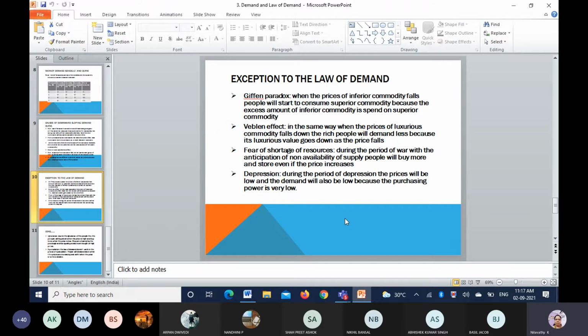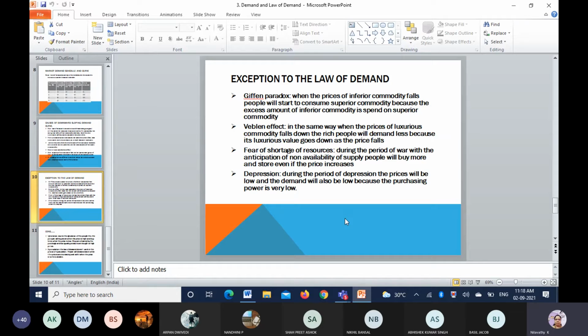who buy these commodities. To give an example, in those days we used to give ragi as an inferior commodity. Why? Because poor people would get ragi and make ragi balls and consume them. They were not rich enough even to get rice and cook it.